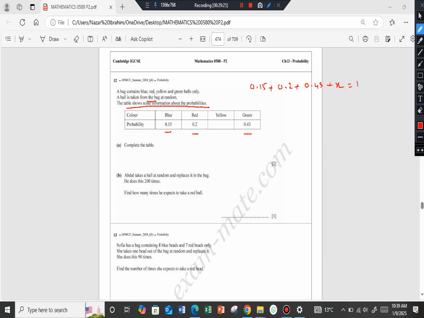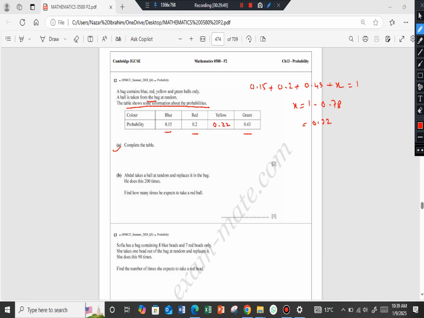Yellow is x, so 0.15 plus 0.2 plus 0.43 is 0.78. So x is equal to 1 minus 0.78, which is 0.22.